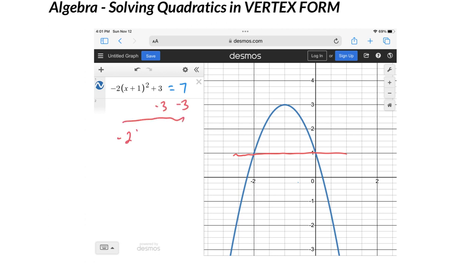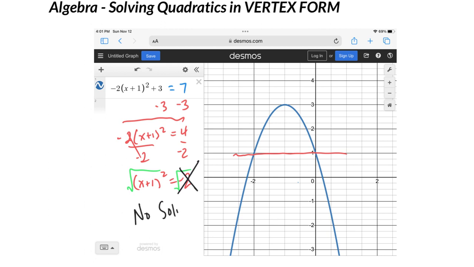So you got negative 2 times x plus 1 squared equals 4. You divide both sides by negative 2. So x plus 1 squared equals negative 2. And right here, you take the square root, and that's where this thing falls apart. We cannot get a real solution taking the square root of a negative answer. So that's how you would catch it without a graph.